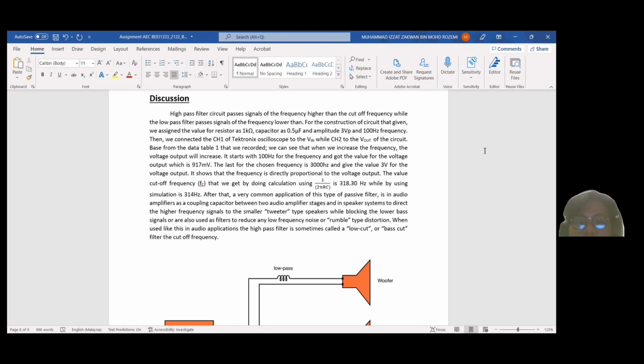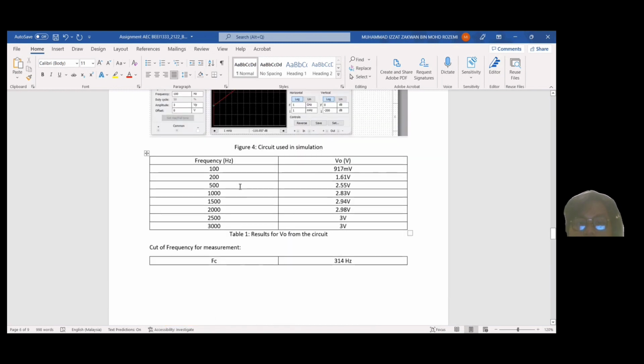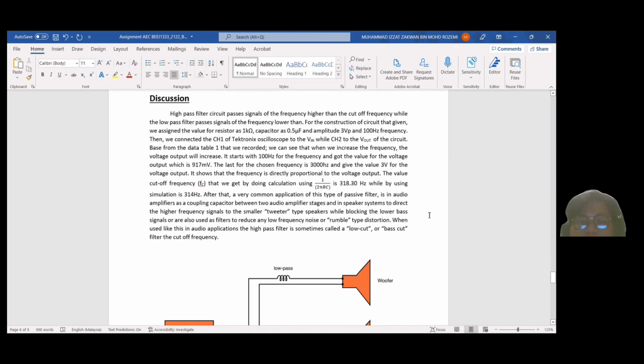The last chosen frequency is 3000 Hz, which gives us a value of 3 volt for the voltage output. Here you can see in the table, when we increase the frequency, the voltage output will also increase. It shows that the frequency is directly proportional to the voltage output.